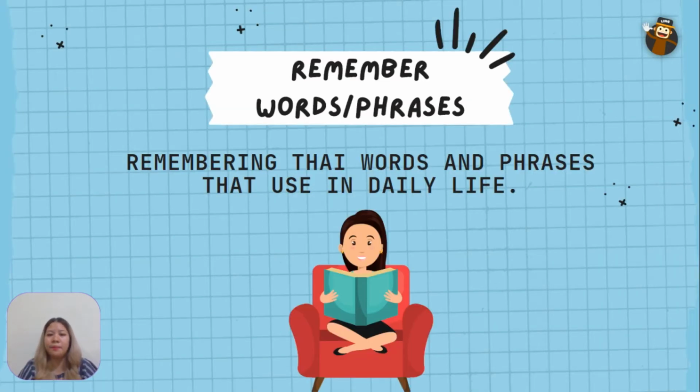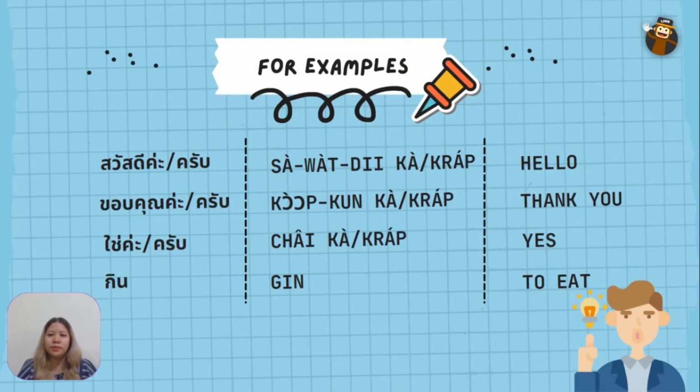Next, remember words and phrases. Start remembering Thai words and phrases that you use in daily life. You can start from the short ones to the longer ones, from the easy ones to the difficult ones. For example, start with the greeting.